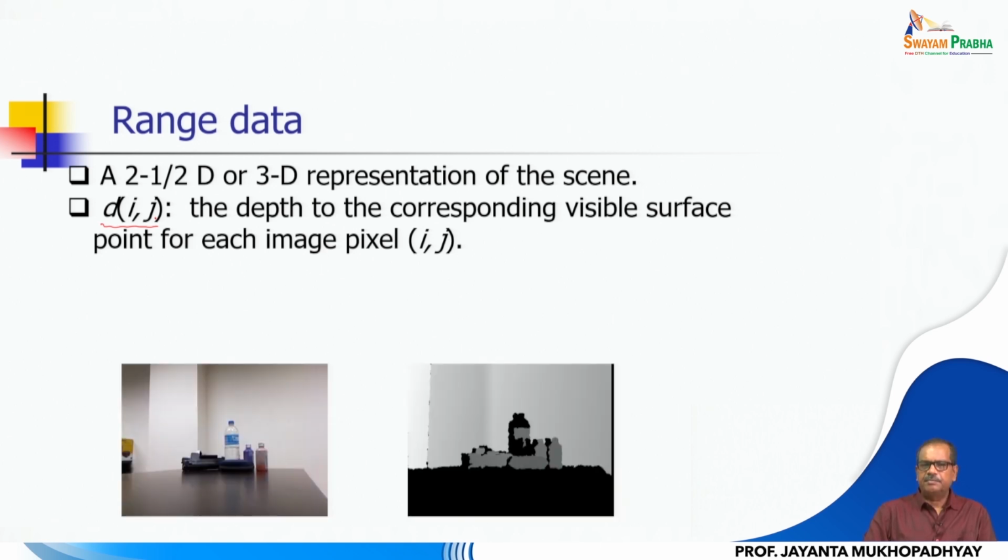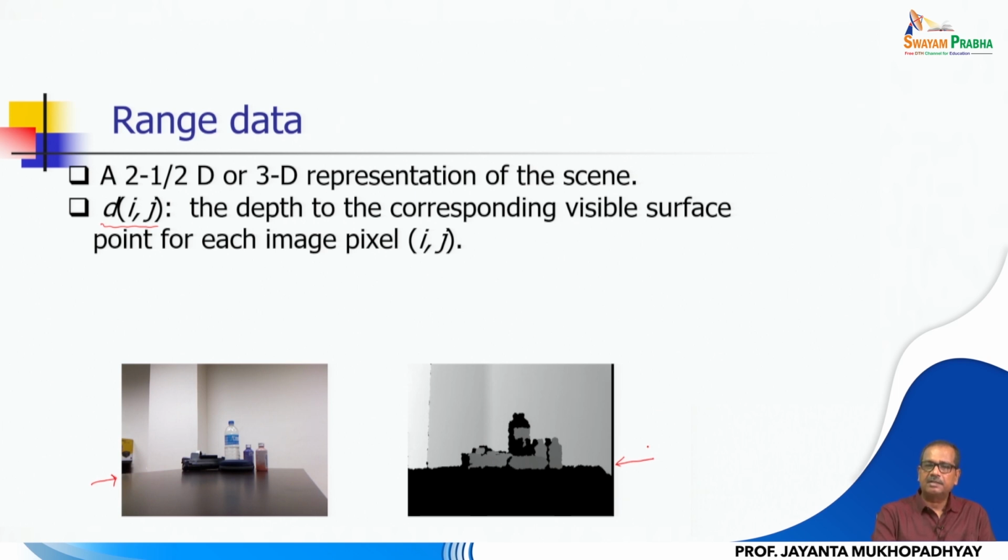There is one example we are showing here. As you can see, this is the familiar optical image, and you can see the objects here. It is captured in a laboratory by placing these objects, whereas this image is a range image.